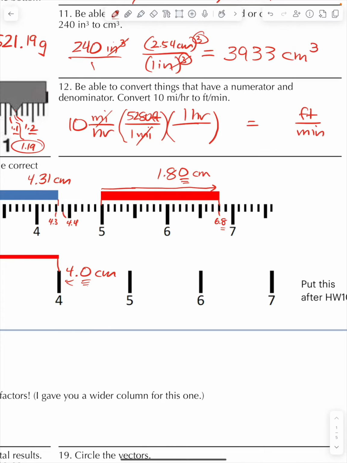On the top this time, because notice hours are on the bottom. So we need to cancel the hours, so we put 1 hour equals 60 minutes. Also, we wanted minutes on the bottom. So on your calculator, again, what you're going to do is go 10, don't forget the 10, times 5,280 divided by 60. And when you do that, what you're going to get is 880 feet per minute.